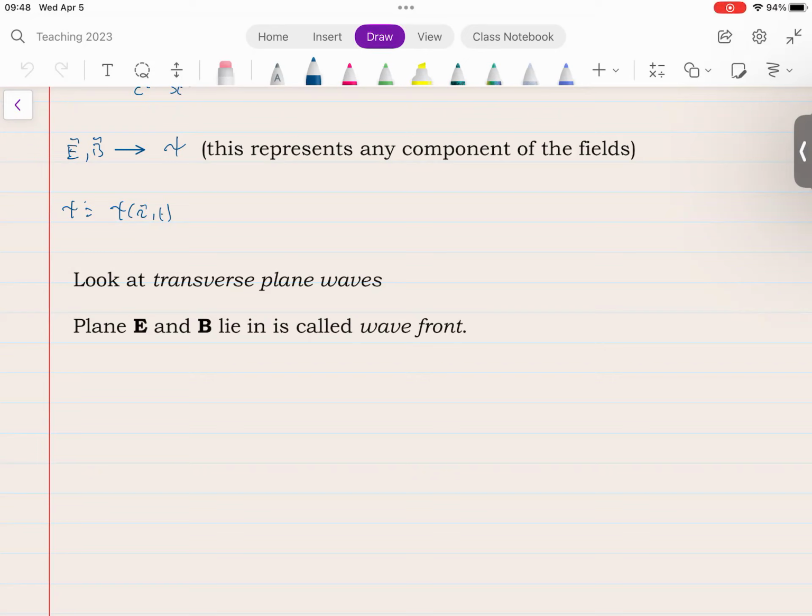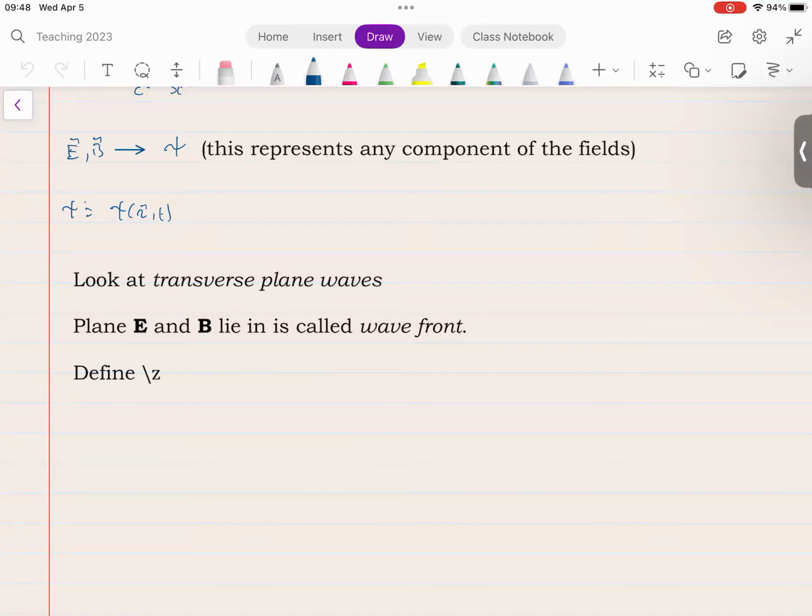Now, let's see if I can make this readable. I'm going to define, I just need to find the correct symbol.